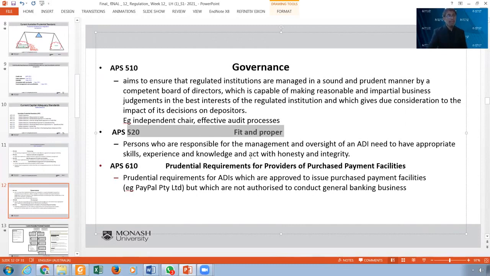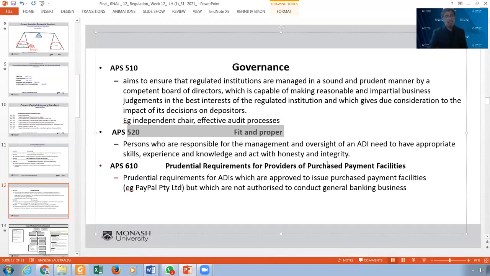Now, APS 610 talks about prudential requirements for providers of purchase payment facilities. When we talk about purchase payment facilities, for example, here in Malaysia, we have MEPS, which is the Malaysian Electronic Payment System.